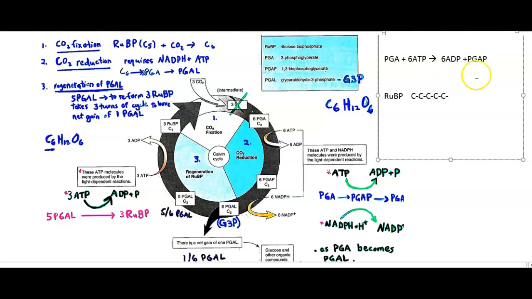And it says biphosphate. It's going to have phosphates on either end. So that's RUBP having 5 carbons. Biphosphates, 2 phosphates. Remember, phosphates are PO4 with a negative charge. So notice the name, ribulose biphosphate.